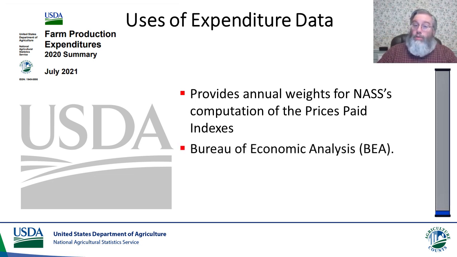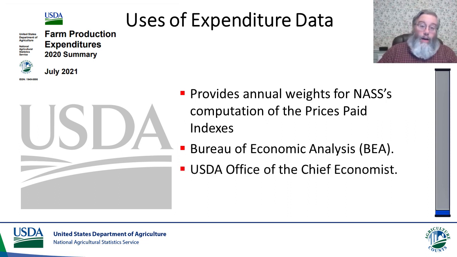The data are also used by the Bureau of Economic Analysis, or the BEA, to prepare national estimates of gross domestic product. Finally, they're also used by the USDA Office of the Chief Economist, whose Office of Energy Policy and New Uses pays close attention to the volume and the cost of fuels by type on farms and ranches.